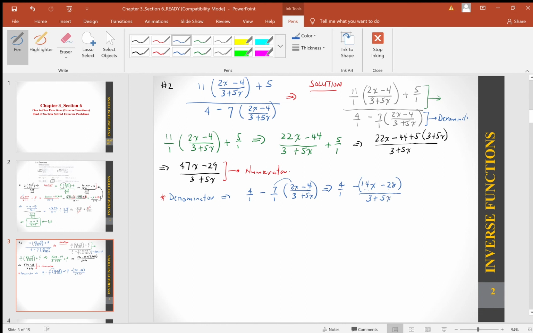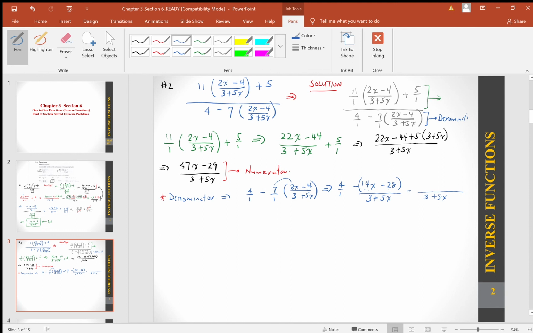Okay, so all I did was rearrange it, and then if I have a common denominator, it's going to be 3 plus 5x.